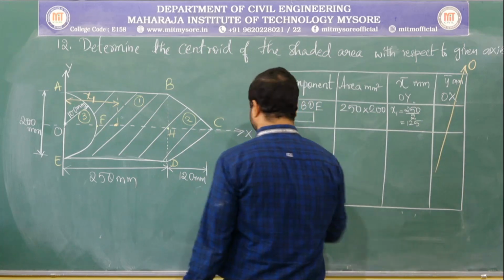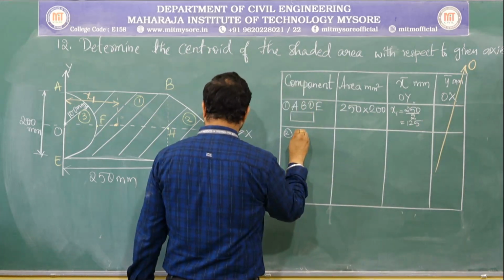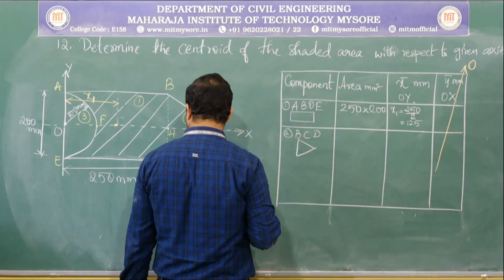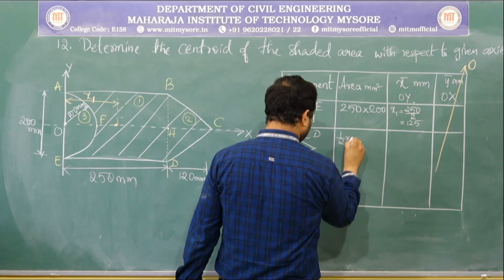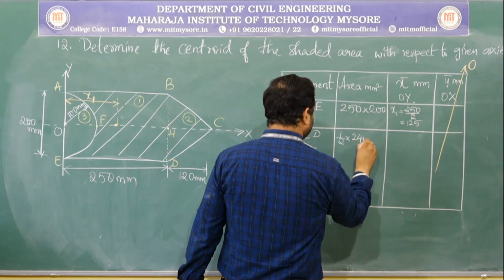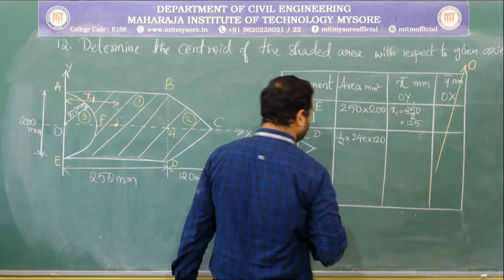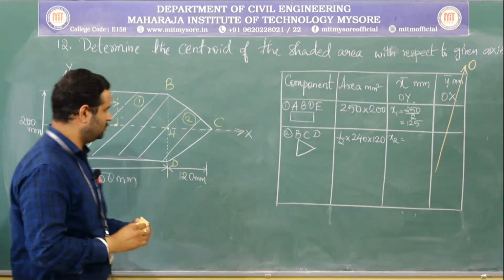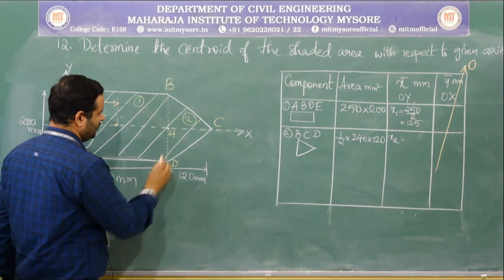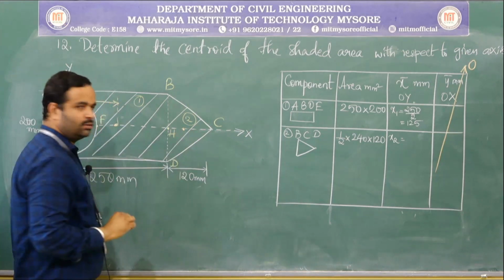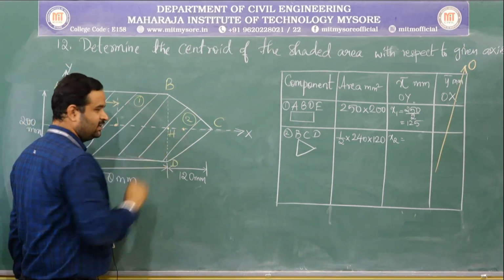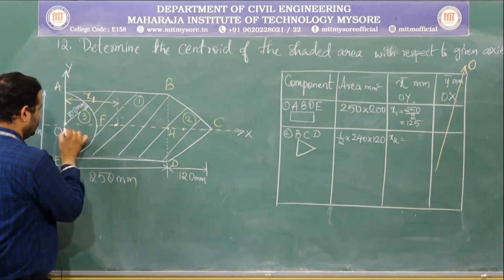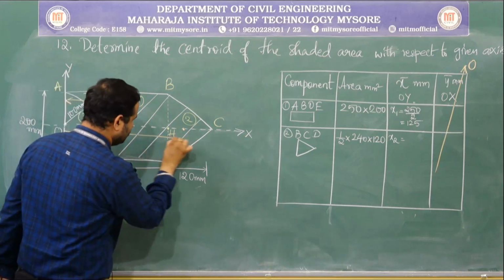Now, coming to component 2, it is triangle BCD. Its area is half into 240 into 120. Then x2, measure it with respect to OY axis, but we had already tried to locate this for the individual component, but the same centroid has to be measured with respect to the OY axis.